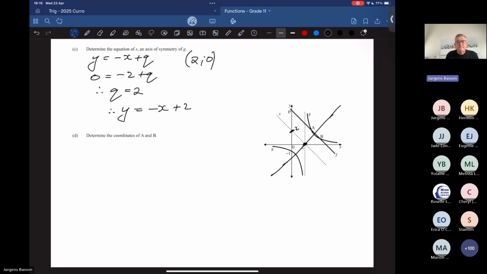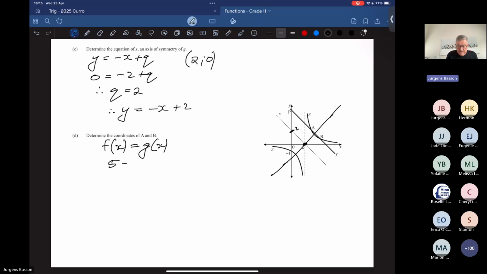Now they ask us to find the coordinates of A and B. Now, ladies and gentlemen, that is simultaneous equations. It is lots of effort for the learners, because they must put the 2 graphs equal to one another. If you don't mind, I just want to put down a few pointers here, and not write down everything.